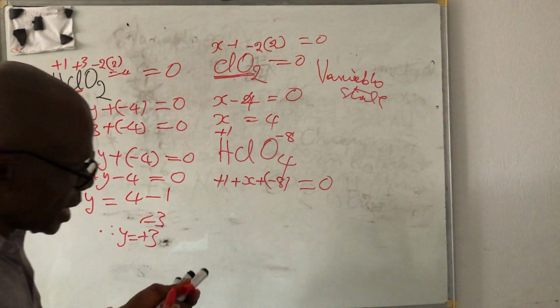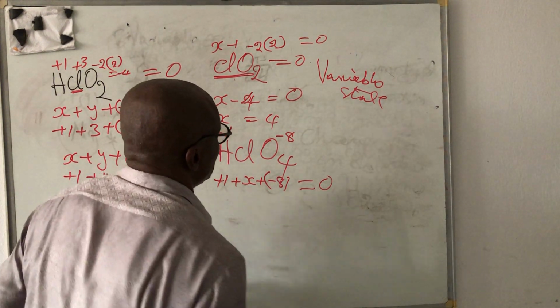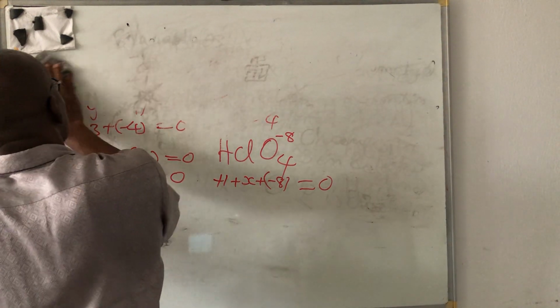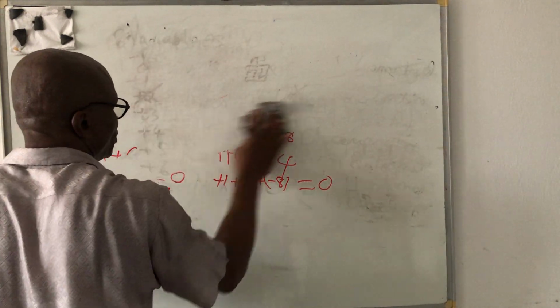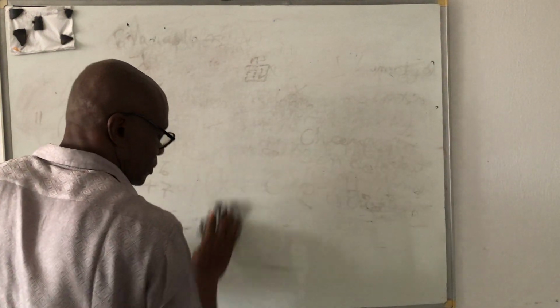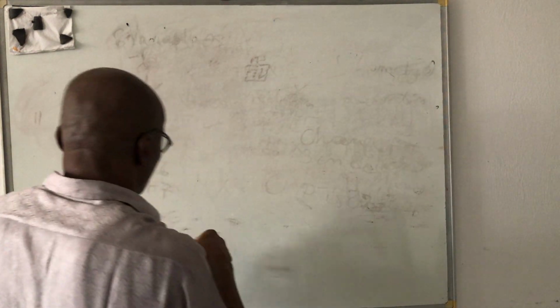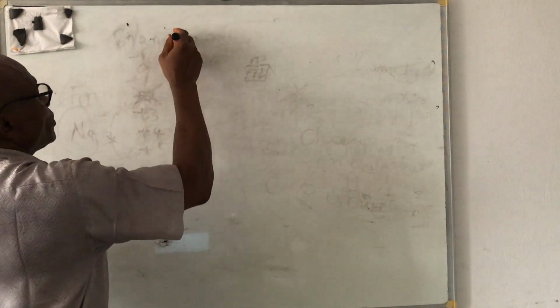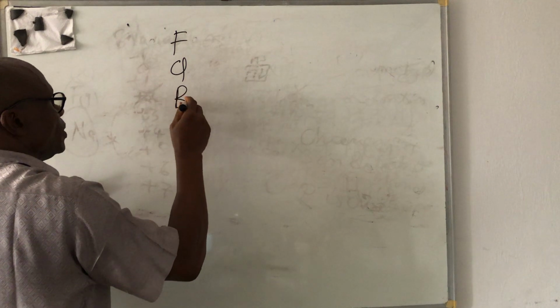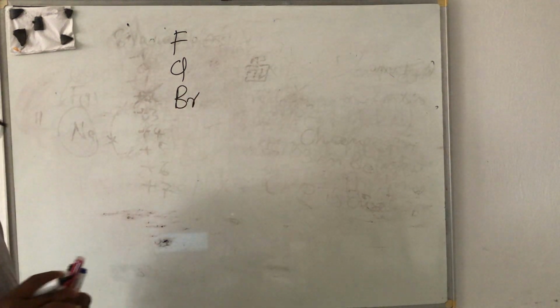And in displaying variable oxidation state, we now look at the reactivity of the halogens, starting from fluorine, chlorine, bromine, iodine.